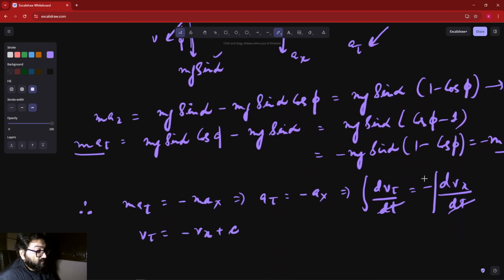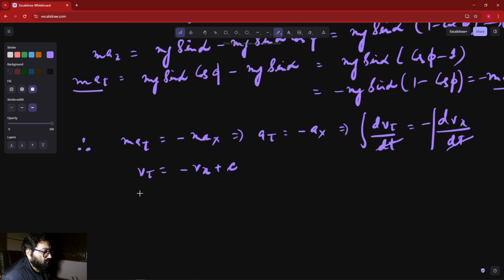So from that I get the value of C. Okay. Vx was equal to 0 when Vt was equal to V0 plus C, which implies C equal to V0. So this gives me Vt as minus Vx plus V0.